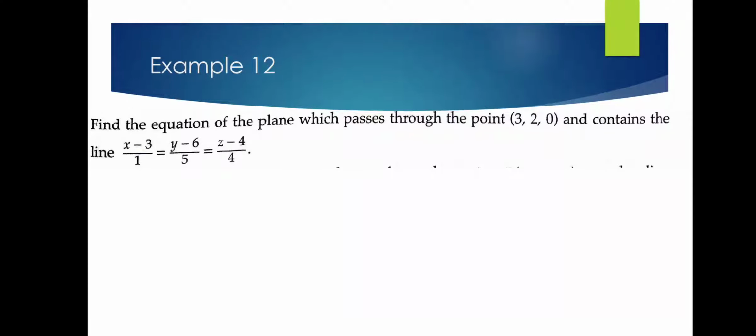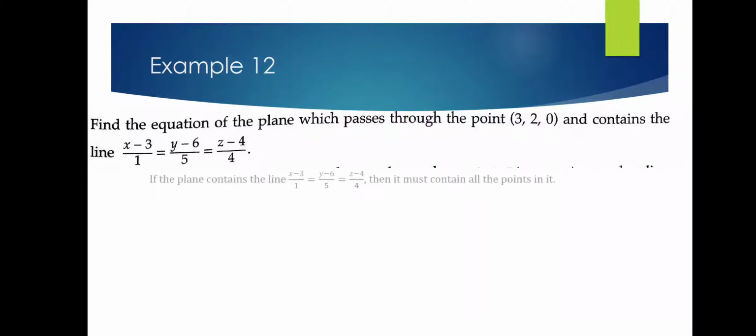Find the equation of the plane which passes through the point 3, 2, 0 and contains the given line. So here, I am given a point through which the plane is passing, and also it is told that it contains a line.